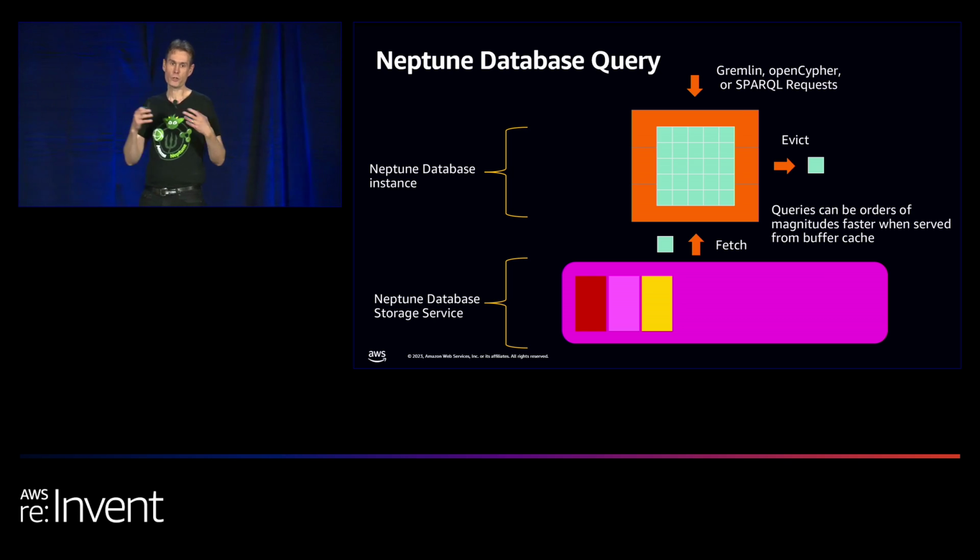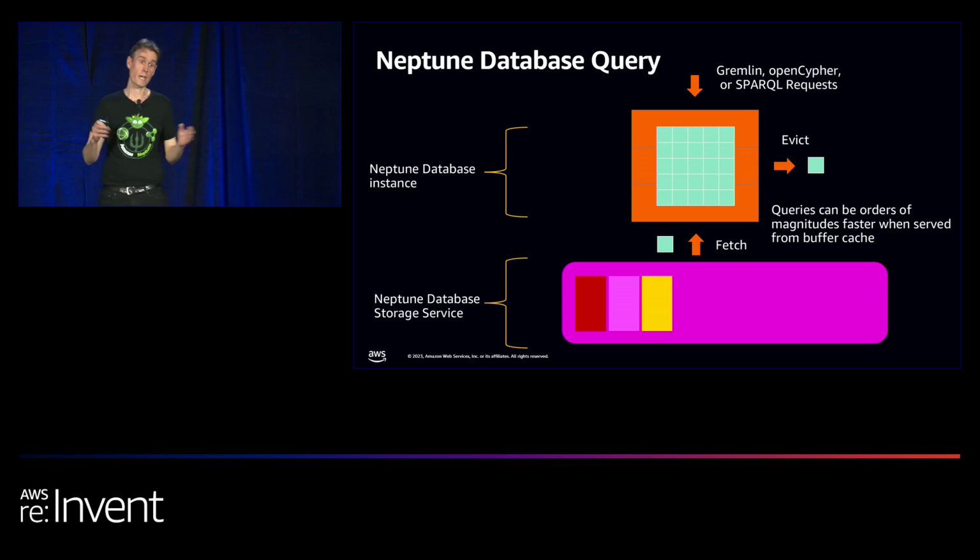And as you issue queries to one of the instances in your cluster, the database engine, the query optimizer, they evaluate that query. And to evaluate that query, they use pages from the database. As you issue queries, those pages are read from the storage service over the network, and they're stored in RAM.